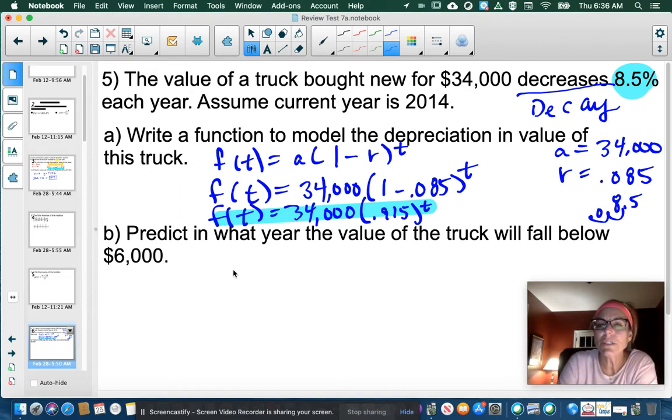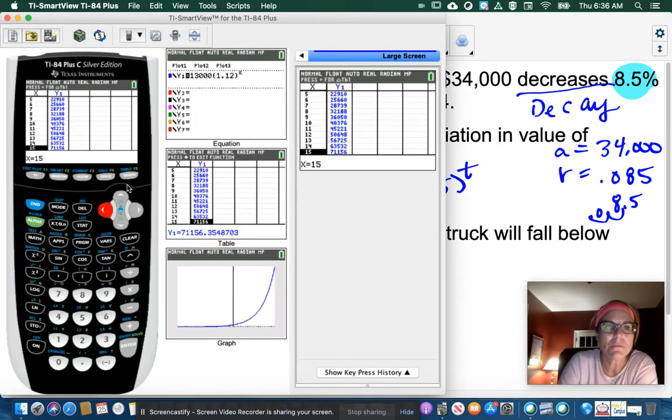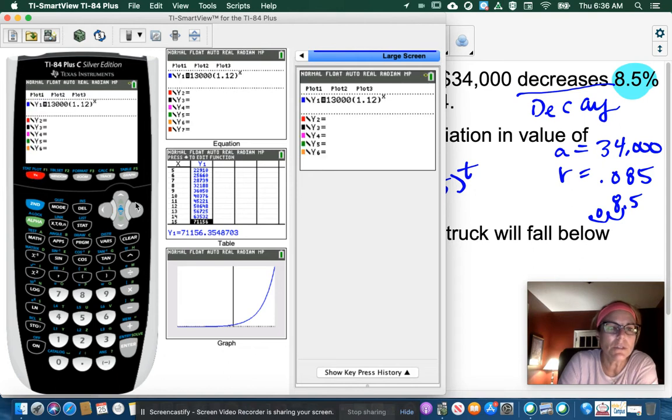So now we're going to predict in what year the value of the truck will fall below 6,000. Grab your calculator out, go to y equals, and obviously if I'm going too fast, you can hit stop, that's the joy of the video. 0.915 caret x graph.